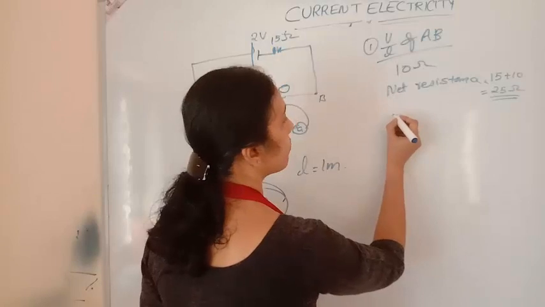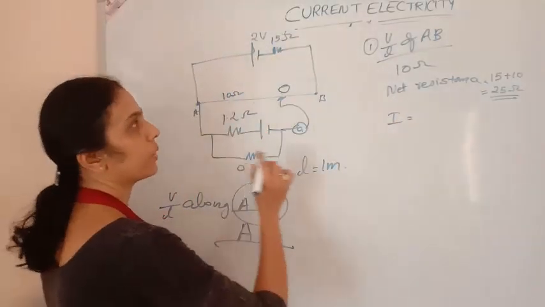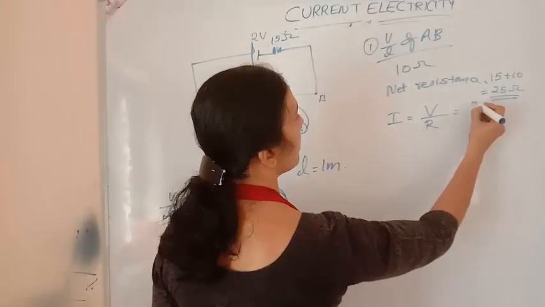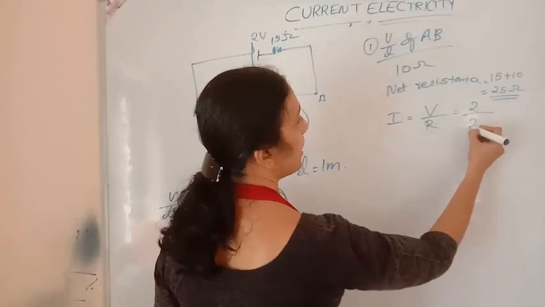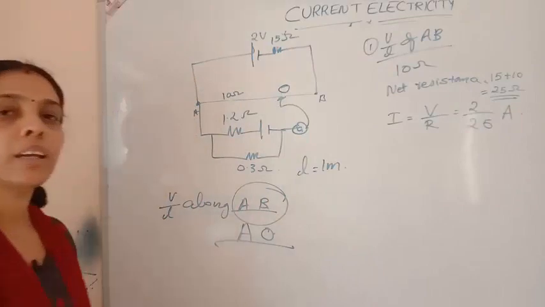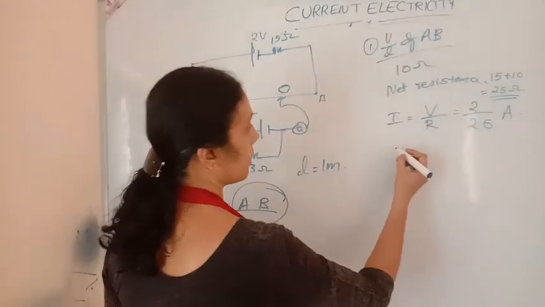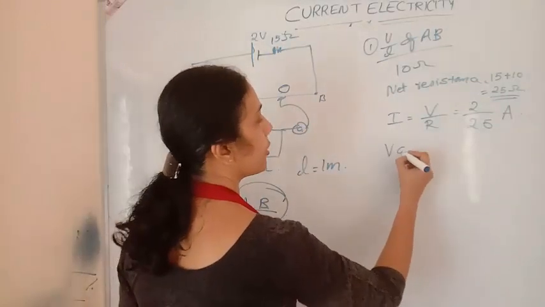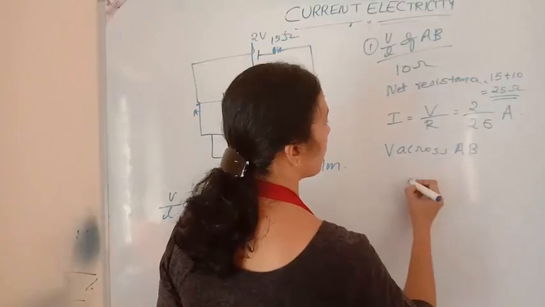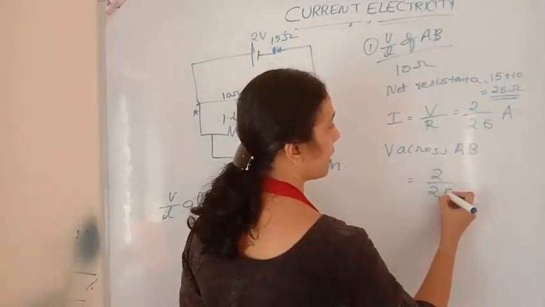Now we will find out what is the value of I. I, current flowing through the circuit, will be equal to V by R. What is V here? 2 volt divided by resistance 25, this much ampere. Okay, now we can find out the potential drop across AB. How can we find out? V equals I into R. I we already got as 2 by 25.